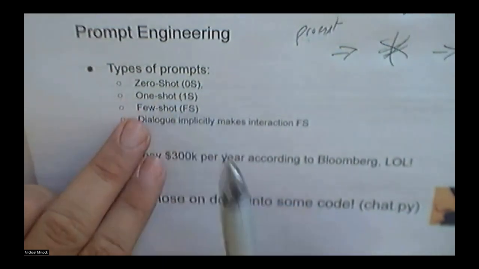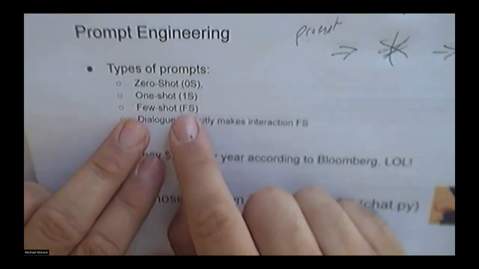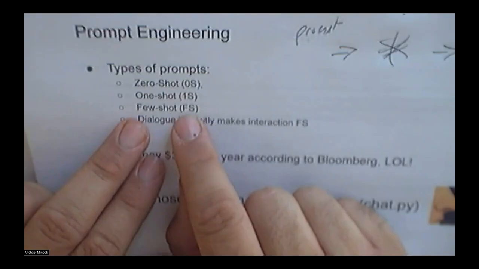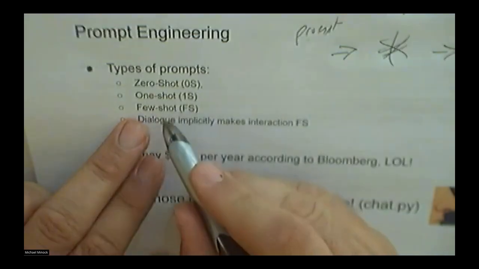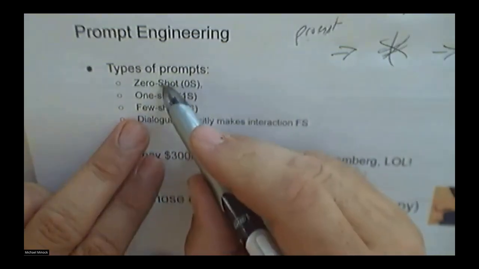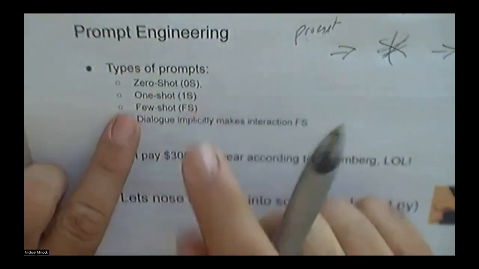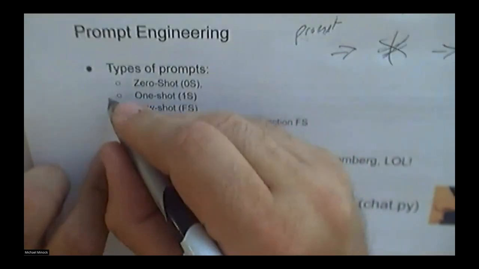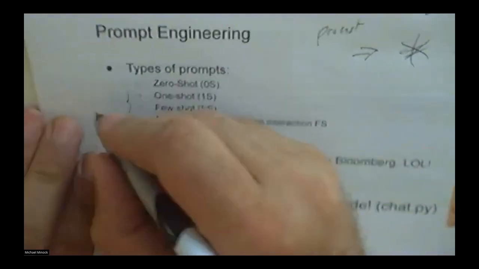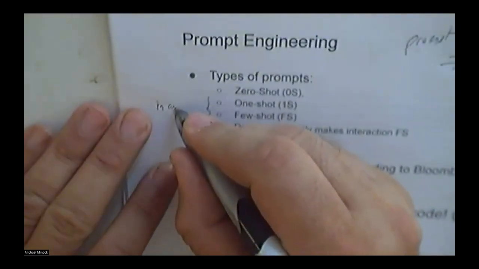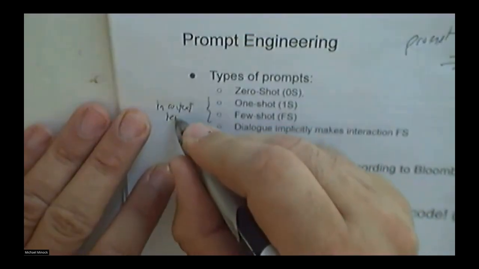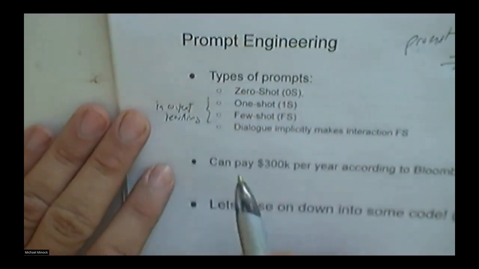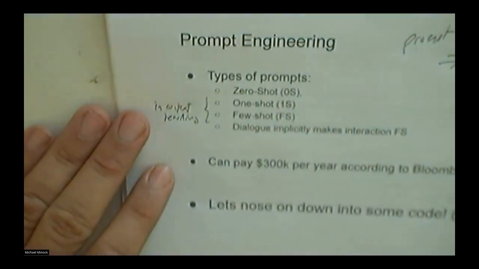And then there's few shot, which means you pack as many examples as possible into the prompt, and then finalize it with the question you're going to ask. Few shot does better than one shot, and one shot does better than zero shot. This is sometimes called, in what I think is a misnomer, in-context learning. But that's what you'll see it referred to as.